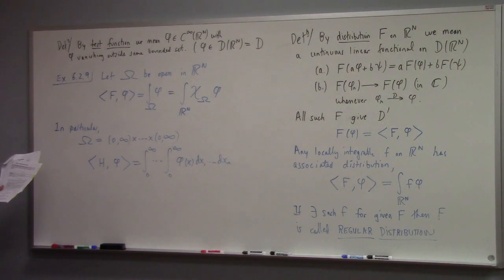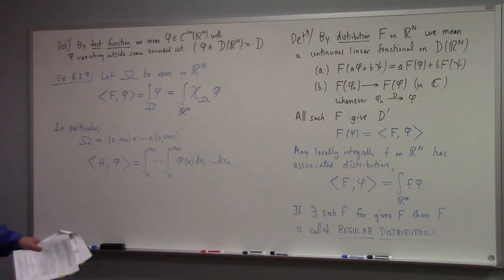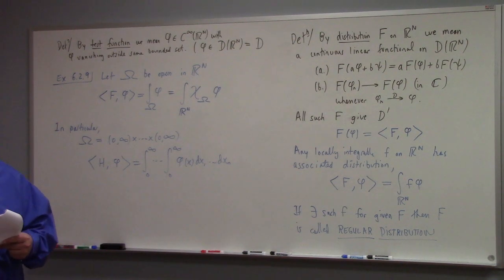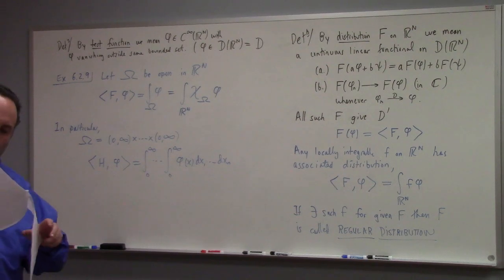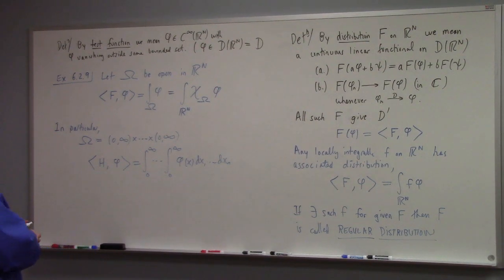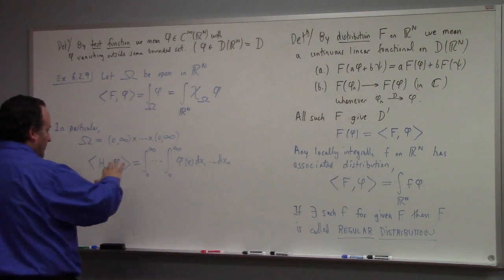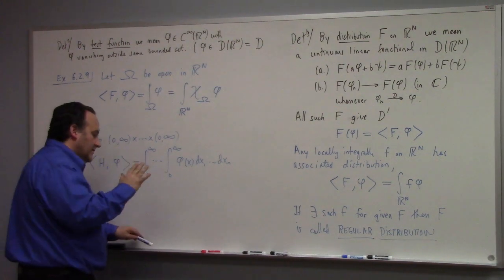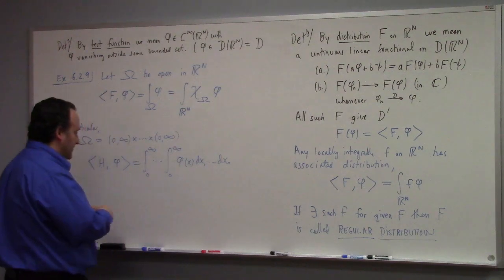Oh, okay, so the Heaviside function, right? I think here what I would be tempted to write, and I don't think he writes this in this book, is this. That's a distribution, a regular distribution, which means it's the integral over Rn of some function. I would call that function the Heaviside function personally.